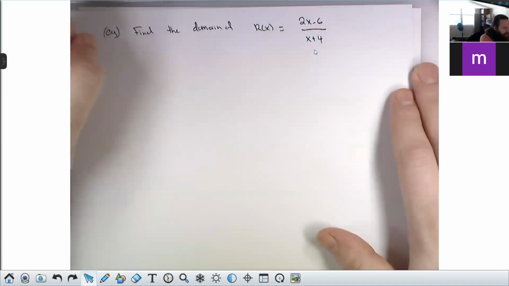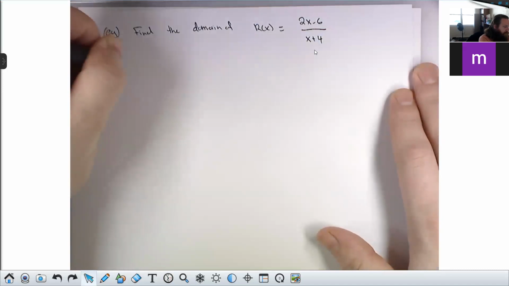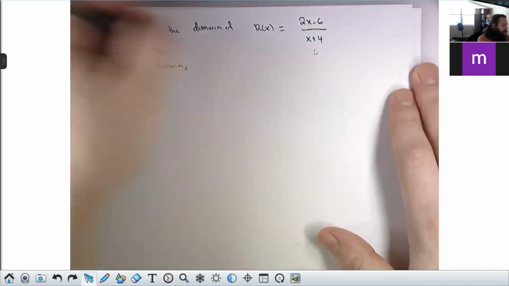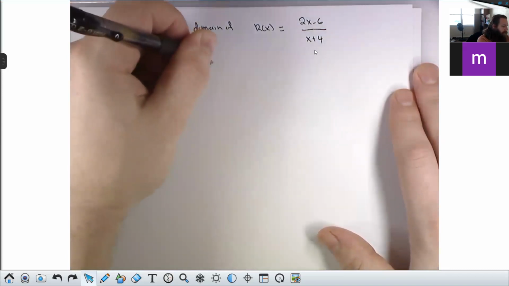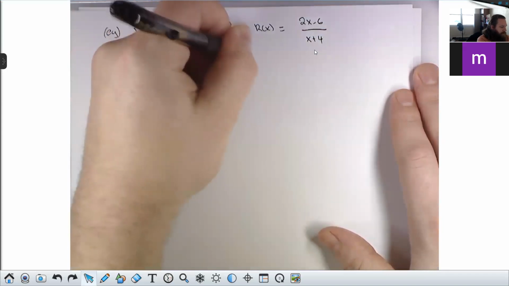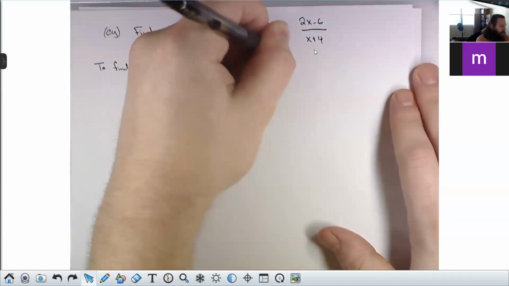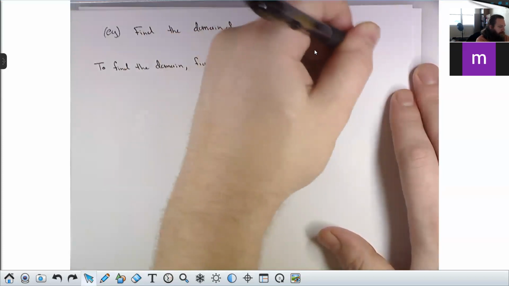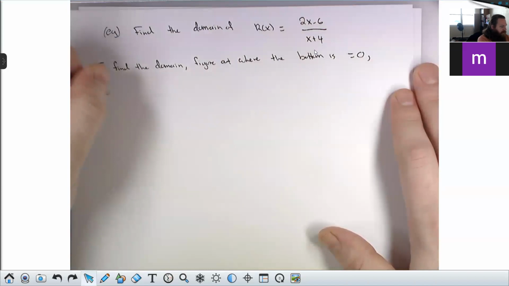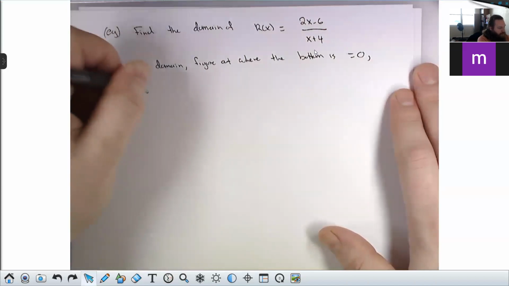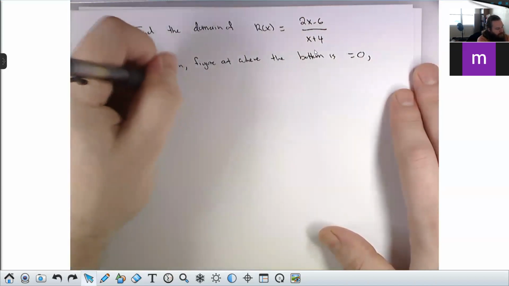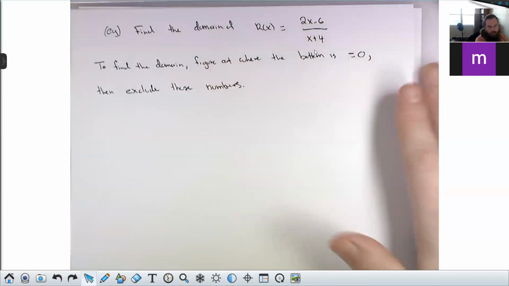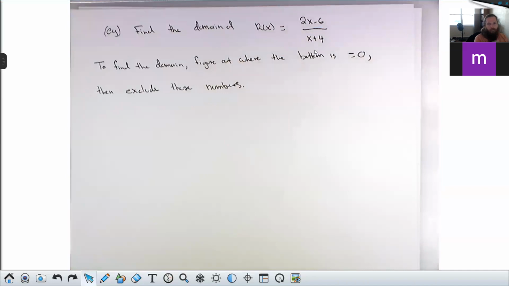So to find the domain, figure out where the bottom is equal to 0, then exclude and kick out those numbers. And this is true for all rational functions.